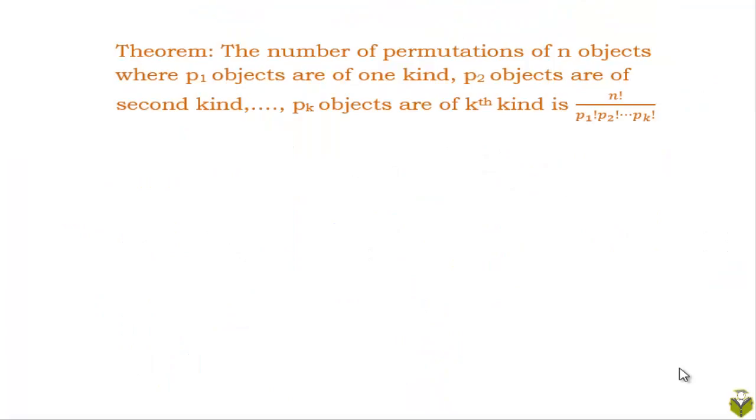So this is the general theorem where you have the number of permutations of n objects, where p1 objects are of one kind, p2 objects are of second kind, and pk objects are of kth kind, is n factorial divided by p1 factorial, p2 factorial, and pk factorial. So in the previous case where I had institute, I had 9 objects, so n is equal to 9 in that case. And how many objects are similar to each other? I and T, right?